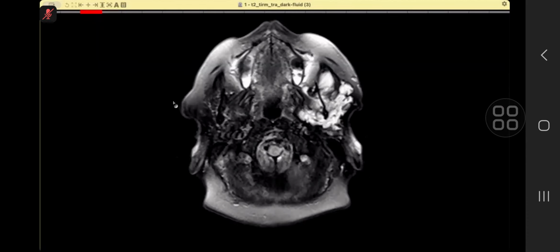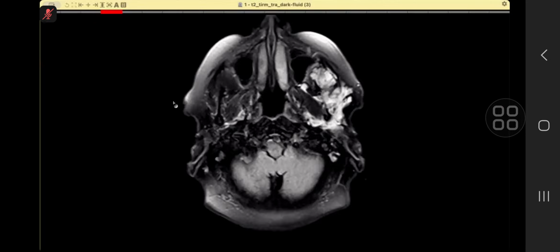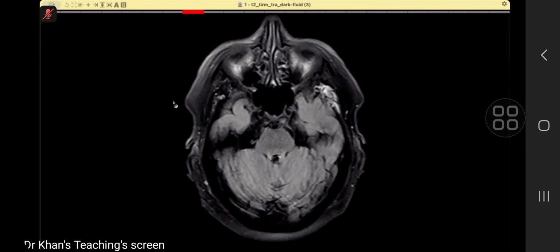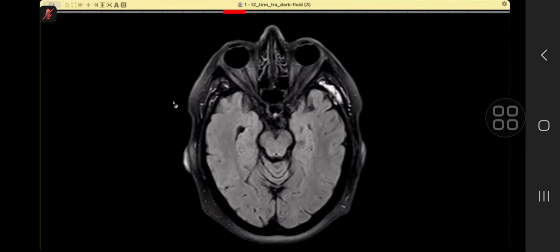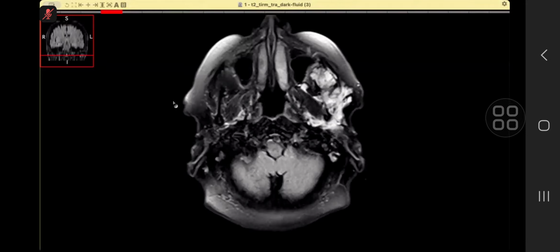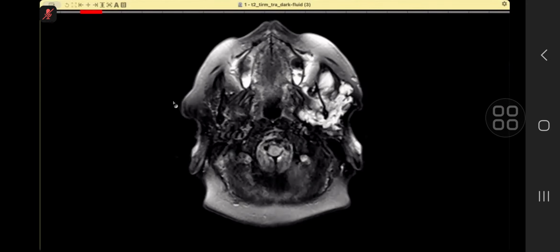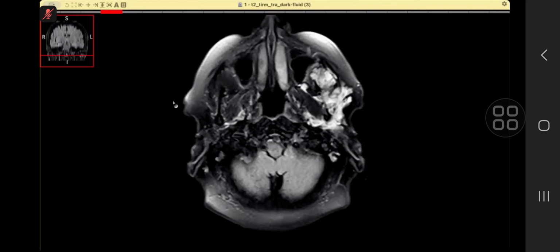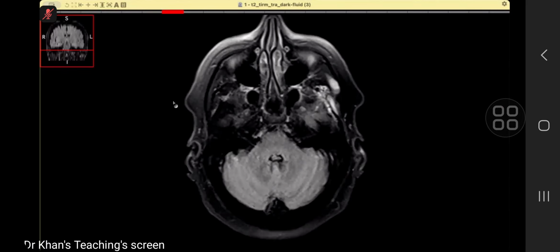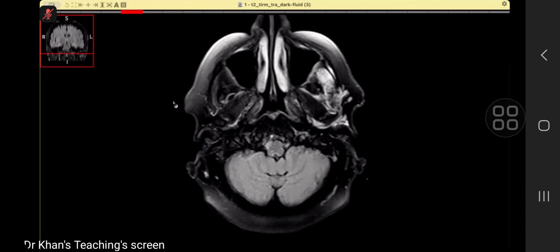So in the base of skull, I noticed that on the left side, so I would like to see the T2 weighted images if available. Have you picked up anything? Any suspicion of anything? Sir, on the left side, in the region of internal acoustic meatus, there is some hyperintensity I noted.